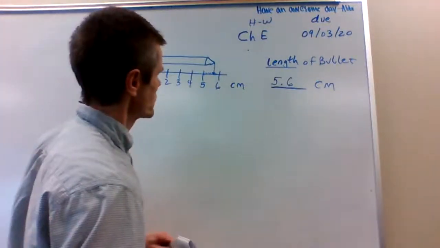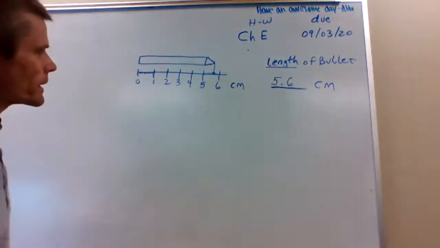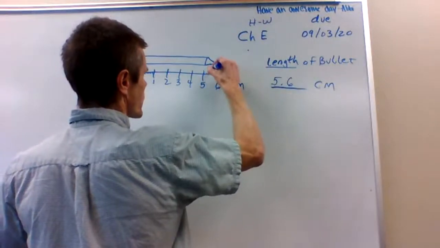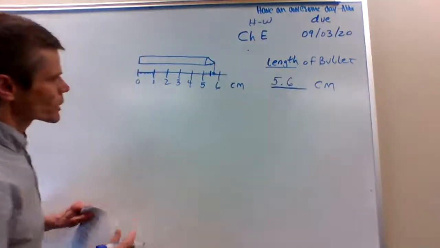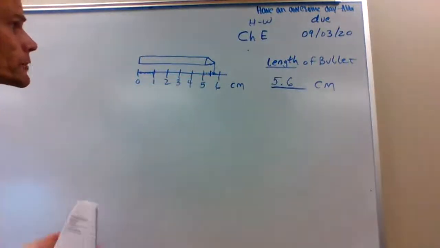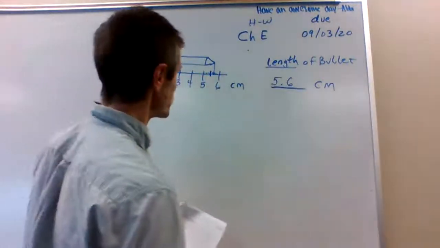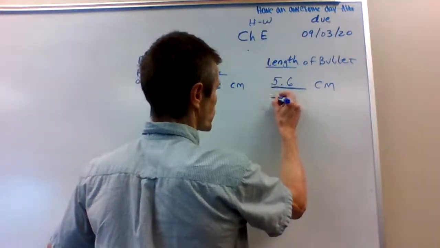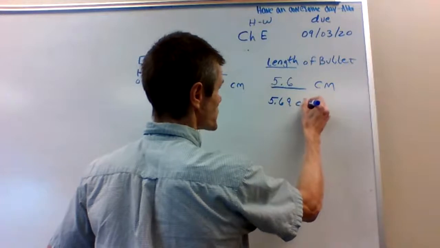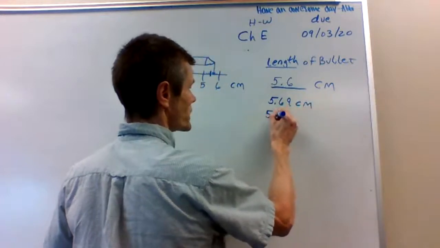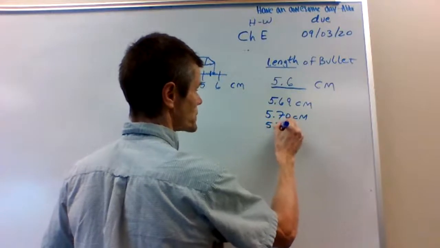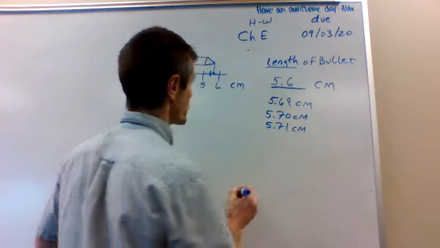Okay, so I look at my scale marking, and 5.1, 5.2, 5.3, 5.4. There's 5.5. I put a heavy mark on it. 5.6 is there. So someone that said 5.7 might be a little closer. Someone might say 5.69 centimeters. Someone might see it as 5.70. Someone else might see it as 5.71 centimeters.